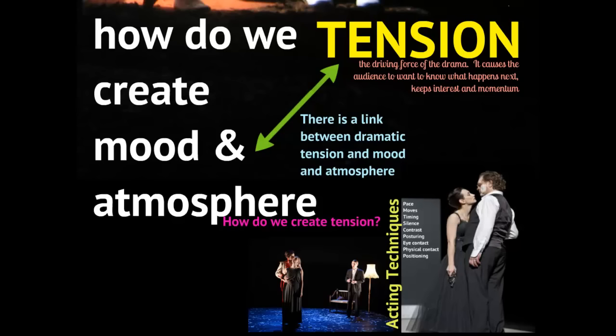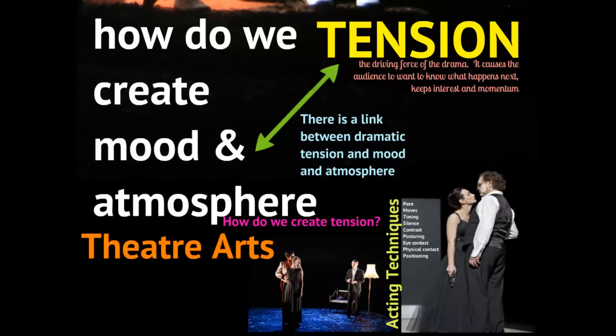The use of eye contact, the contrast between the person standing in the background compared to the two people who are standing in the foreground, the physical contact, etc. So tension is created through all these different acting techniques that you would do in order to develop a drama.